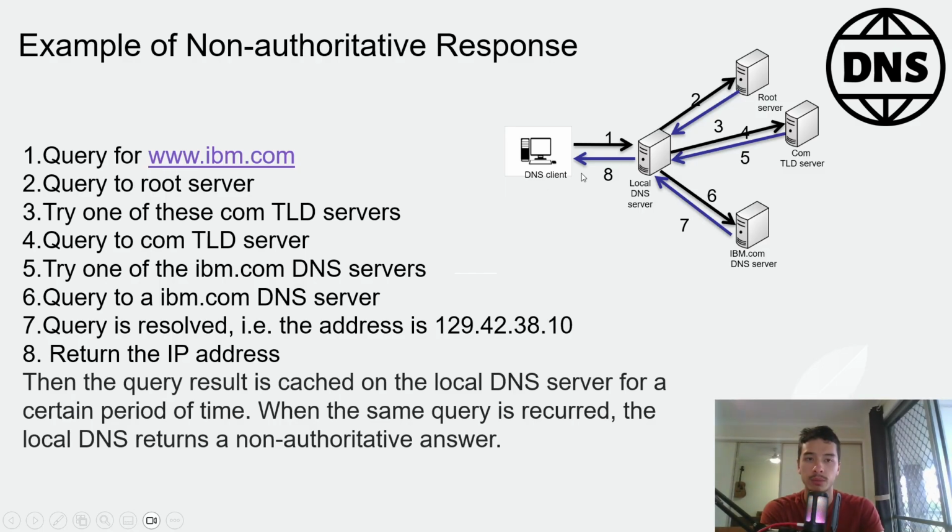Query to the root server, and then the root server goes to the local DNS. Try one of them, and then these TLD servers, tries them, comes back, queries IBM, goes in, query resolved, address, query returns, and then that query is now saved on the local DNS server for a certain period of time. So you can then access that. All right, so that's how that works.